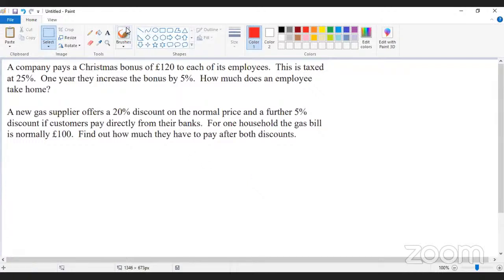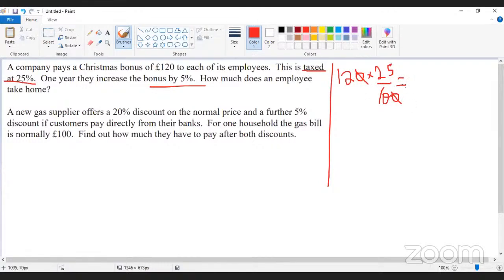Yes. So here two things you have to solve. One is tax. When I say tax, will I add the amount or reduce the amount? Yes. So out of 120, what is 25%? 94.5.